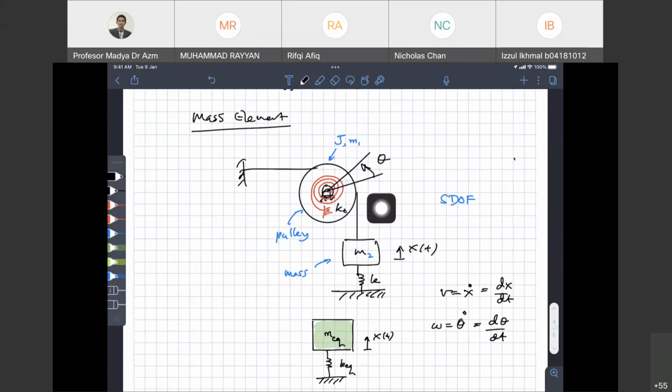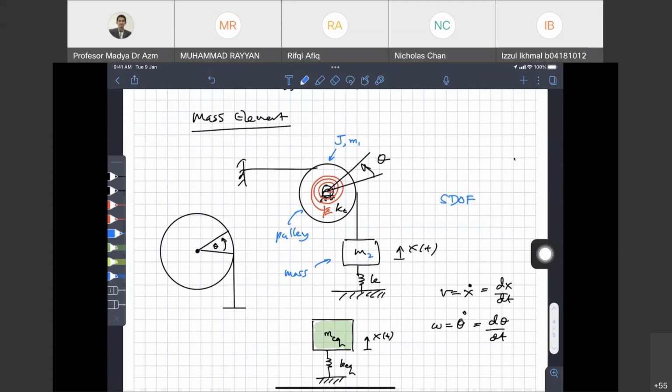So what is the relation between theta and x? If the pulley is rotating by theta, that means this one will pull up by some value.